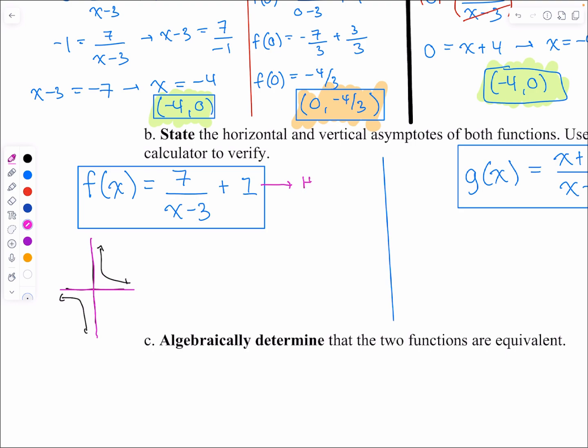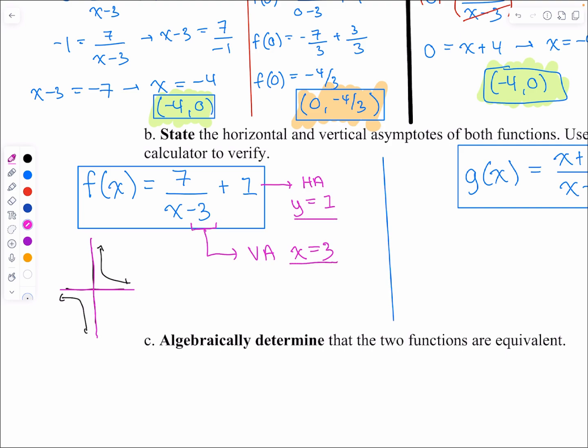So this is the location of our horizontal asymptote, at the line y equals 1. Now this means we're going 3 units to the right, which means we're taking our vertical asymptote and shifting it 3 units to the right. So our vertical asymptote is going to be at x equals positive 3. So we have the location of our asymptotes here.